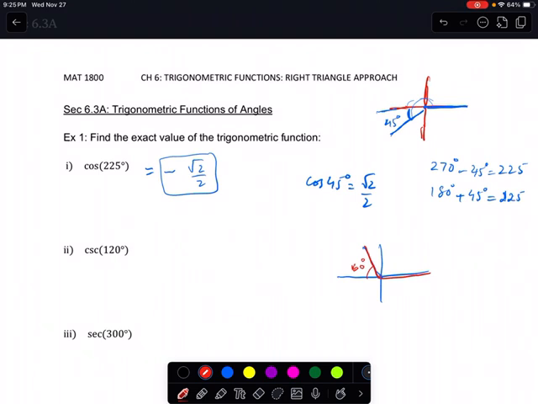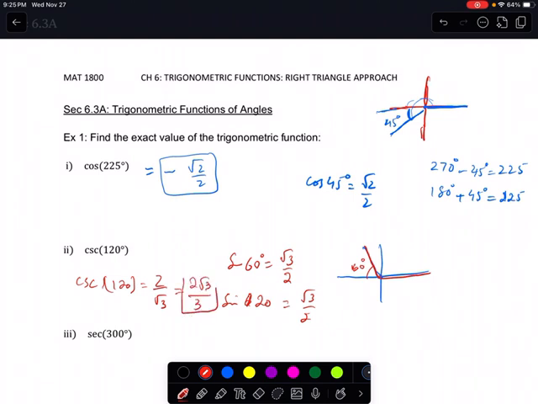So what is the sine of 60 degrees? Sine of 60 degrees is equal to square root of 3 over 2. So sine of 120 will be the same as this, but the cosecant of 120 will be now 2 over square root of 3, which when rationalized gives us 2 square root of 3 over 3.